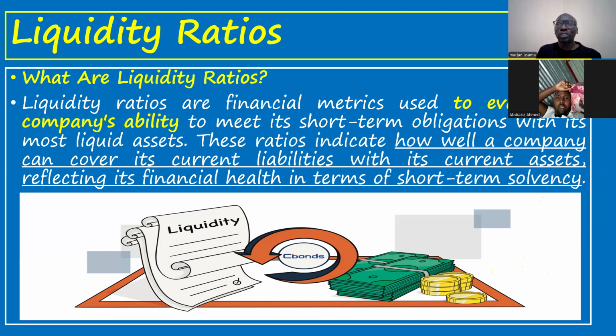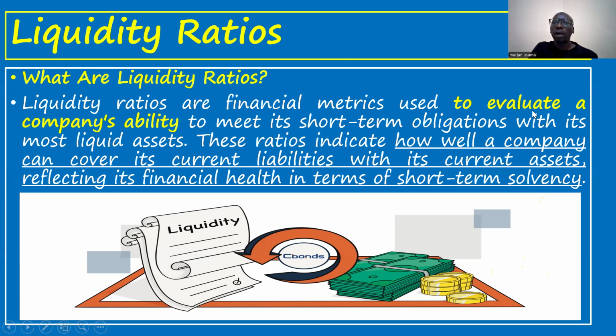So all these ratios, the liquidity ratios, they always focus on what? We are always evaluating our current assets against our current liabilities to enable us to know if we'll be in a position to do what? To meet our obligations. Okay.